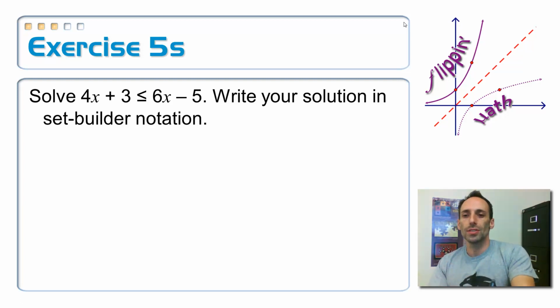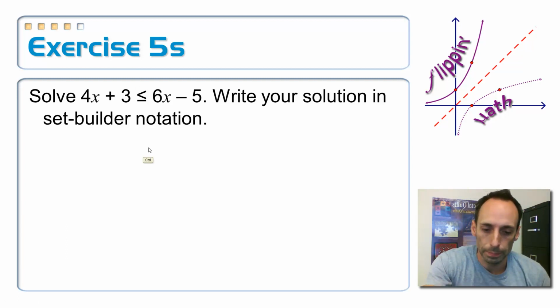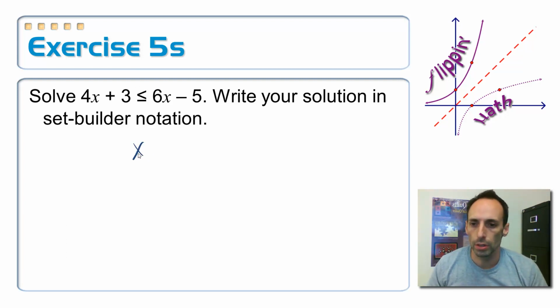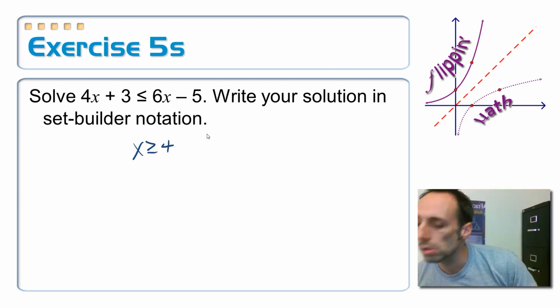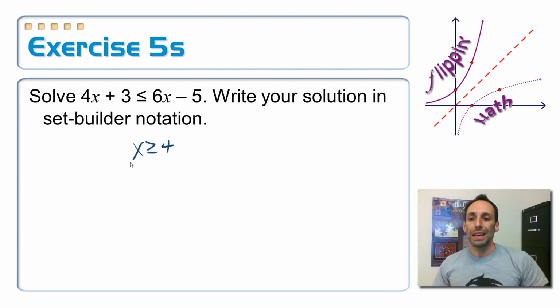So here is the same equation that we looked at in objective 1. I believe the answer was something like x is greater than or equal to 4. Yeah, okay. And now I'm going to write my answer in set builder notation. In set builder notation, it's that exact answer, but I'm just going to decorate it a little bit.